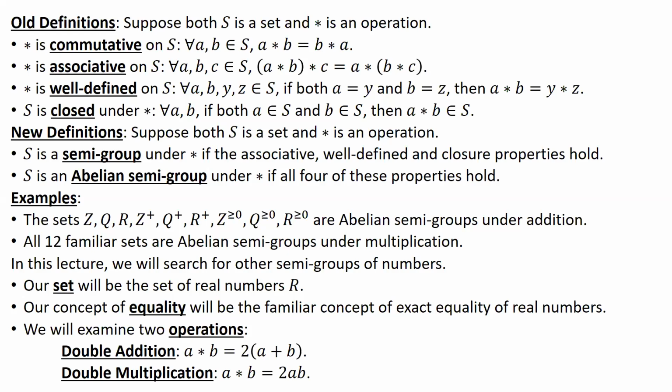For double multiplication, 3 star 4 would be 24, which is 2 times 3 times 4. And our goal in this lecture is to investigate and either prove or disprove each of these 4 properties for each of these 2 algebraic structures. That is what we will now do. More to follow.